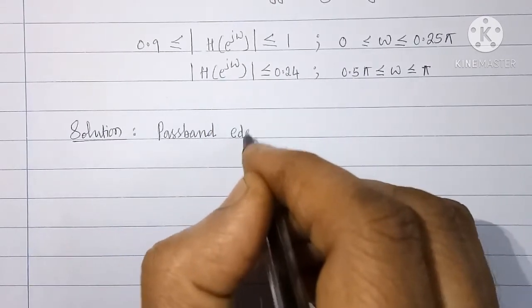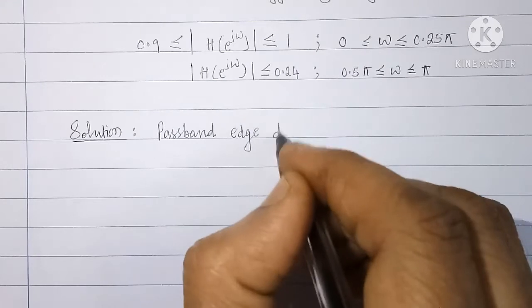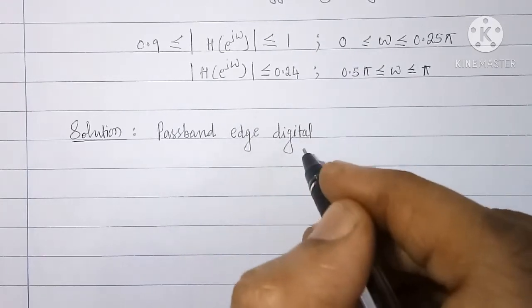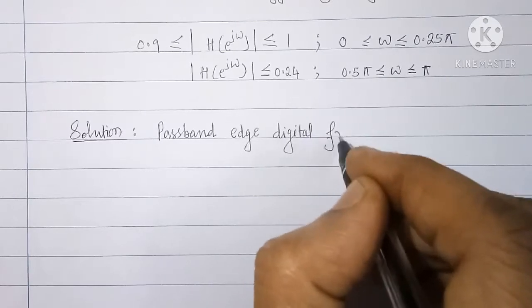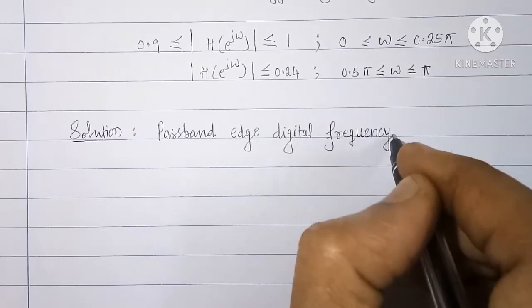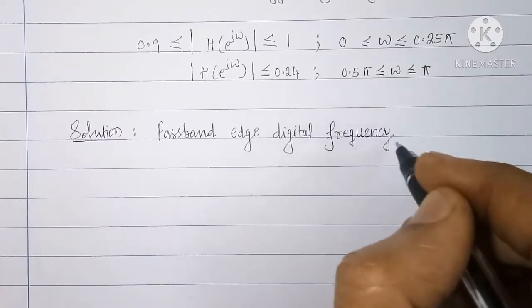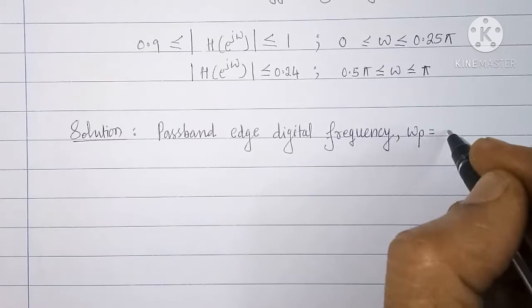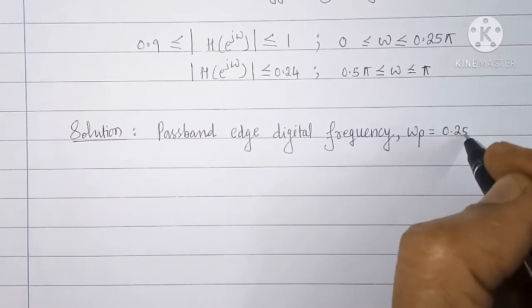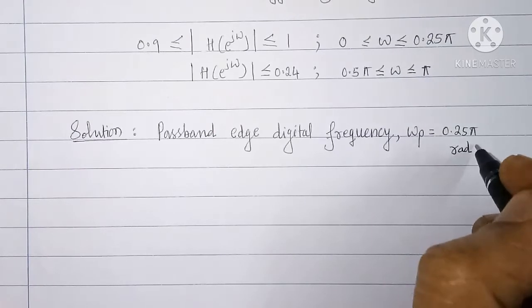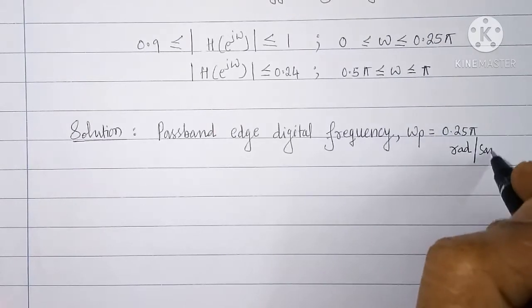Passband edge digital frequency omega p is equal to 0.25 pi radians per sample.